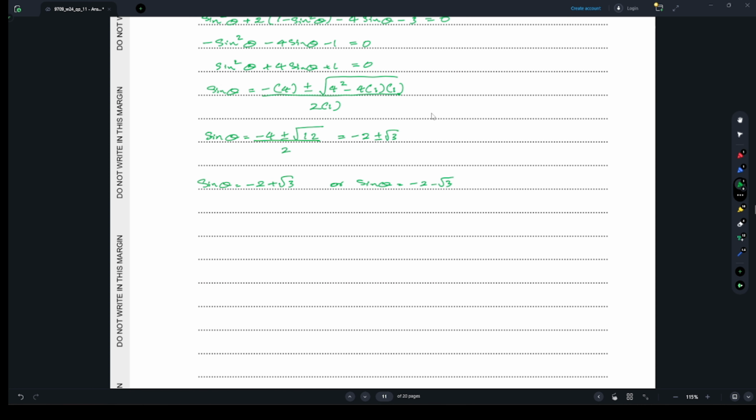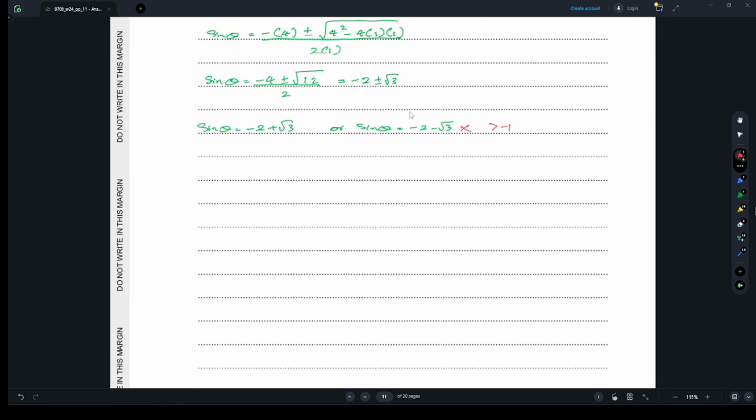But here, minus 2 minus root 3 means you have to add them, right? So when you add them, the answer is less than minus 1, because we know that the sine values are in between minus 1 and plus 1. So we can't take that answer. Therefore, sine theta is minus 2 plus root 3.